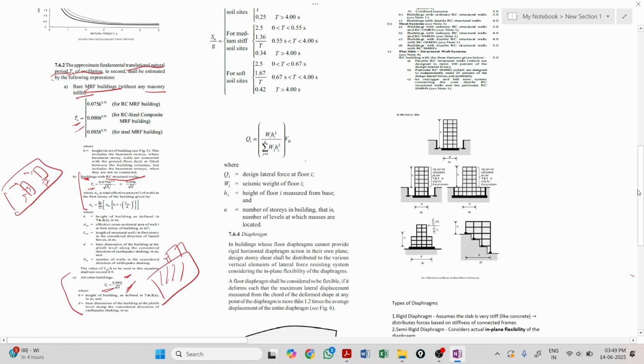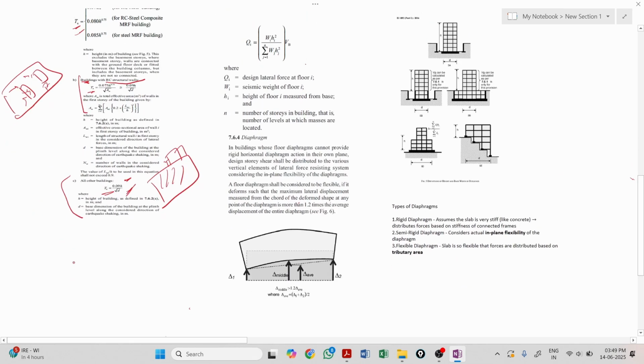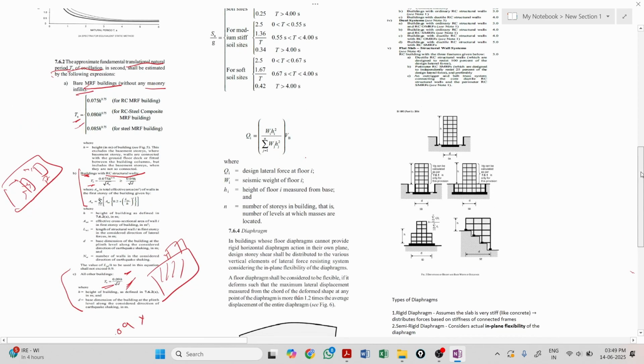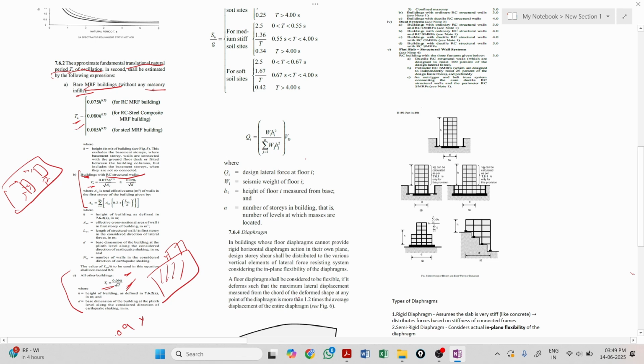So let's take an example right now. Ta is 0.09 into what is h and d. What really matters here is, if there is no infill, we don't have to consider d, that is the depth or breadth of the building. Why?